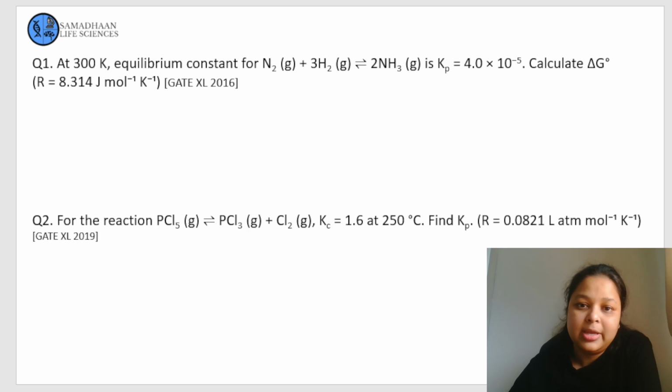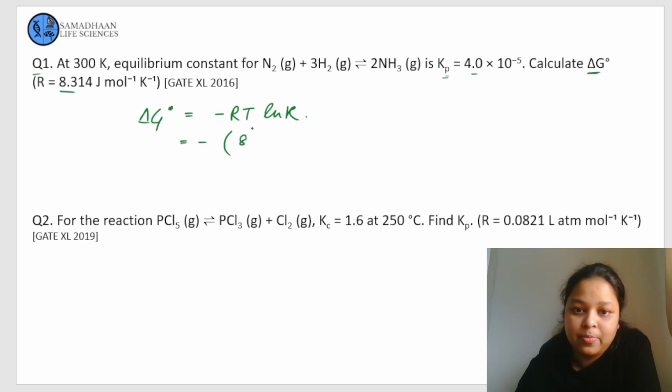Now let's take examples from your previous year questions. For the first question, at 300 Kelvin, the equilibrium constant Kp for this production of ammonia is given. We have to calculate delta G. So we have the equation delta G0 is equal to minus RT ln K. We'll put the values.